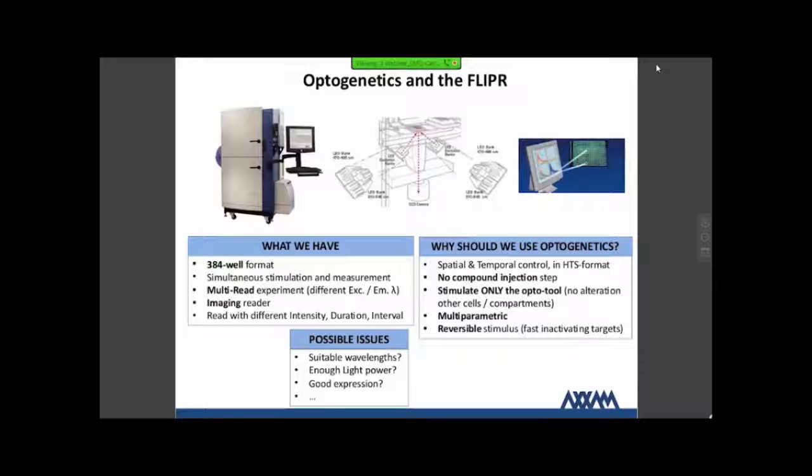For example, you need to demonstrate that your optical tool is well expressed in your cell lines. And of course, we need to understand if the FLIPR instrumentation has suitable wavelengths to study our optical tool, and also if the light power of the LED source is enough.